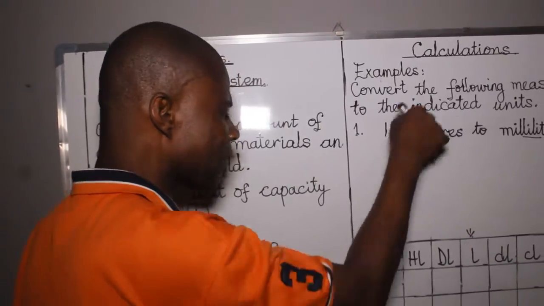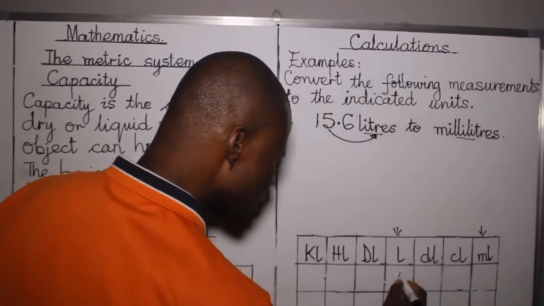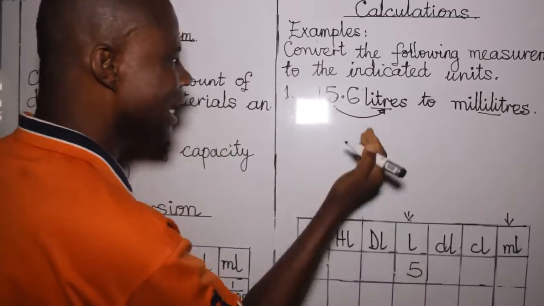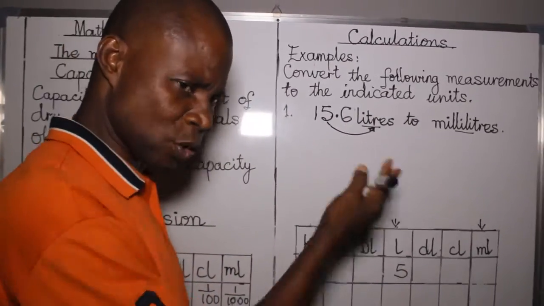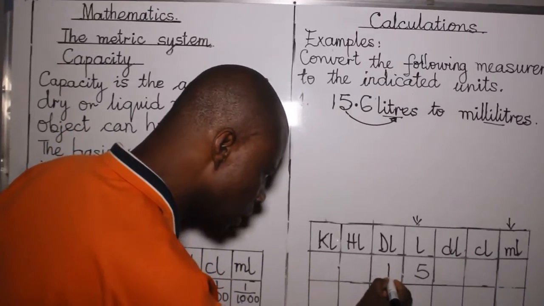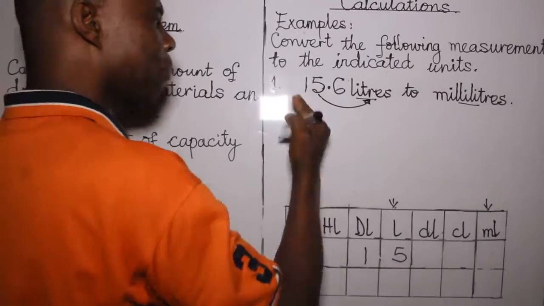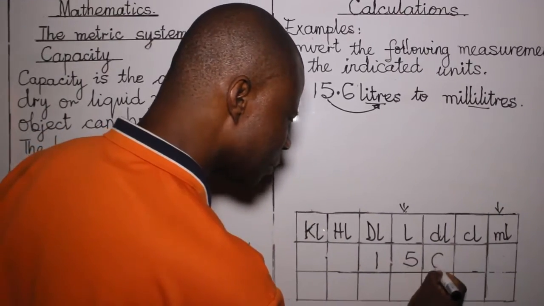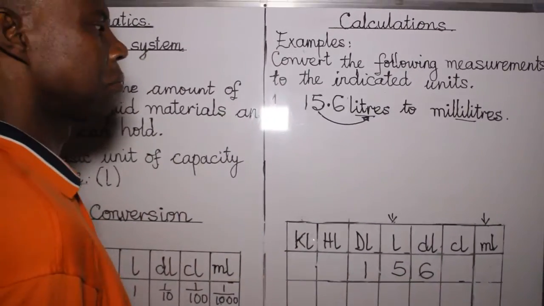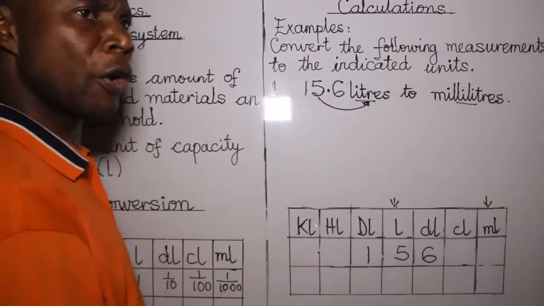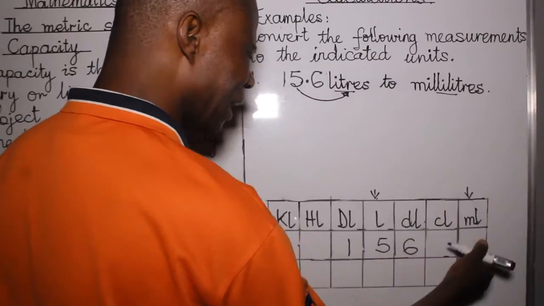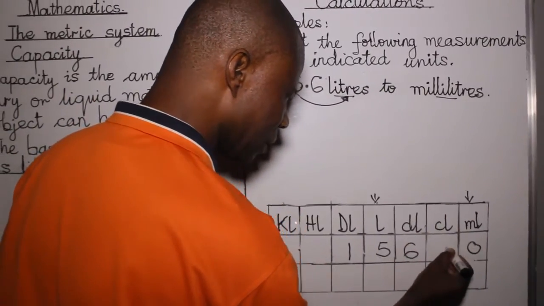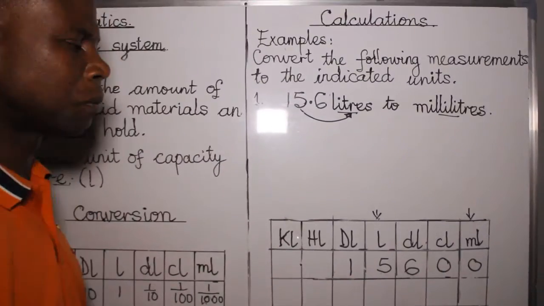So you fix this 5 in the liter column. Is there any figure in front of 5? Yes, as you can see, 1. Then at the back of the 5, is there any figure? Yes, 6. It goes into the next column. After the 6, is there any other figure? No. Then you go to milliliter and fill it up with nothing, which is 0.